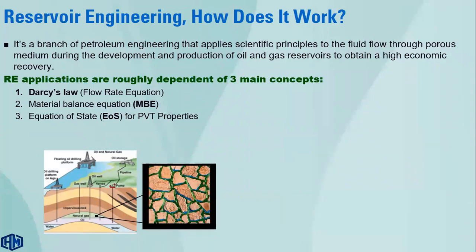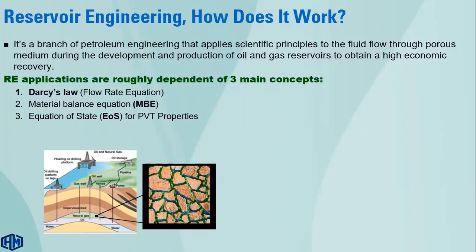The last one is the equation of state or PVT model, because the properties of reservoir fluids like oil density, oil viscosity, oil formation volume factor, and so on are typically dependent on pressure. And during the development of oil reservoirs, the pressure declines from the initial or average reservoir pressure to the bottom hole flowing pressure or BHFP, and then to wellhead pressure.